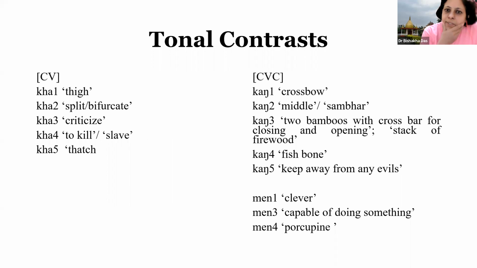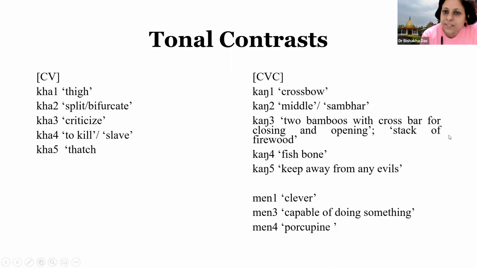And this is tonal contrasts. If you look at tonal contrasts, this will also help us to understand tones. So kha is Thai, kha is split, and kha is criticized. Kha is to kill or slay, and kha is catch. So we see kha, kha, kha, kha, kha, and these have different meanings.